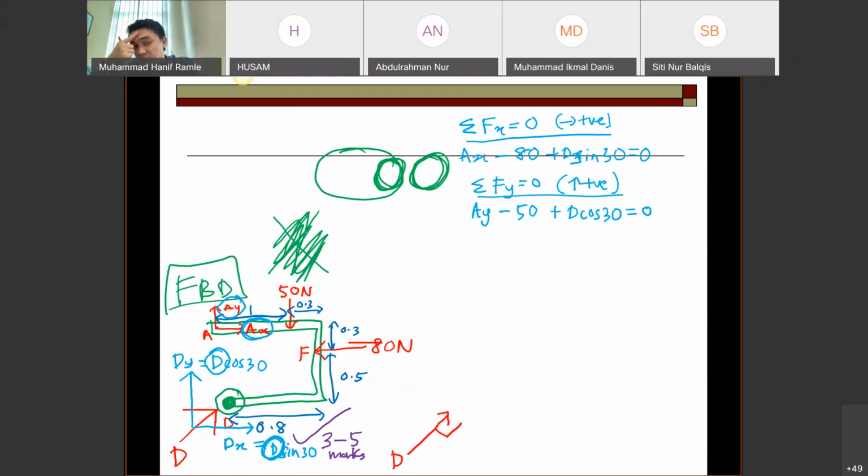So that's why we take moment about point A: we want to eliminate the highest number of unknowns. The same goes for other problems later on.